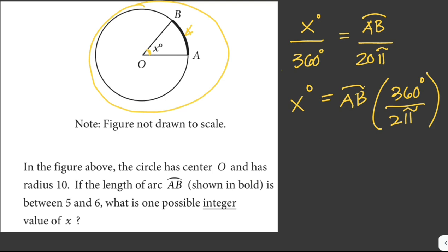Since the central angle is equal to the intercepted arc, x degrees is equal to arc AB, and it's given that arc AB is between 5 and 6. Therefore, the central angle is also between 360 degrees over 20 pi times the value of the arc.